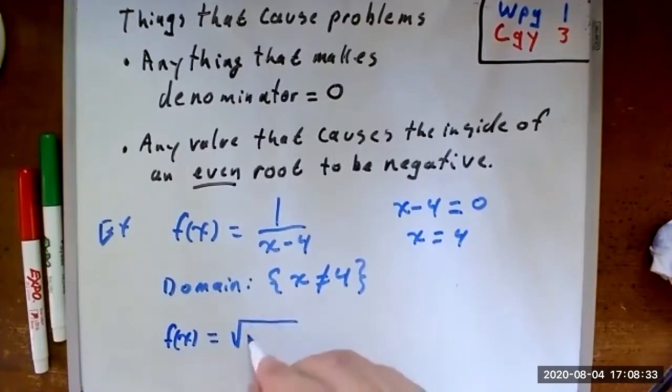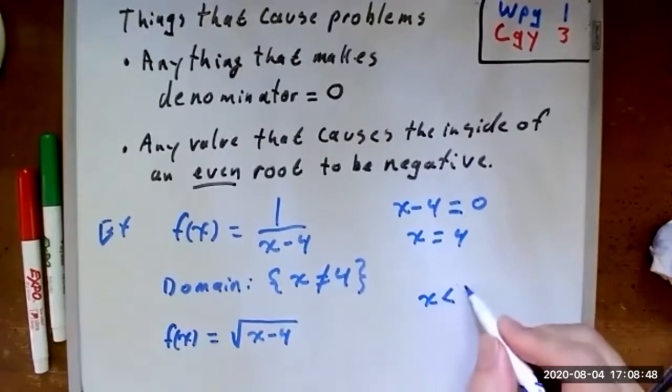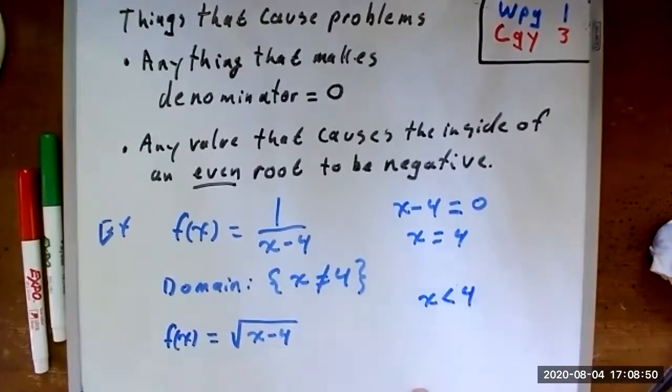Similarly, using the same idea, if I was given f of x is equal to the square root of x minus 4, well then, anything that's going to turn this negative is going to be anything where x is less than 4. Right? Because if x is less than 4, then we're into negative numbers.